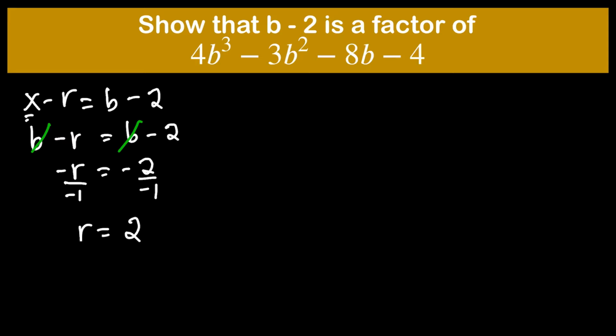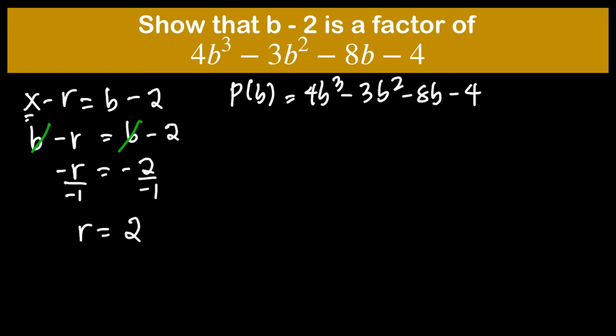Now we substitute this r into our p of x, or this time we can have it as p of b. So p of b is equal to 4b cubed minus 3b squared minus 8b minus 4.